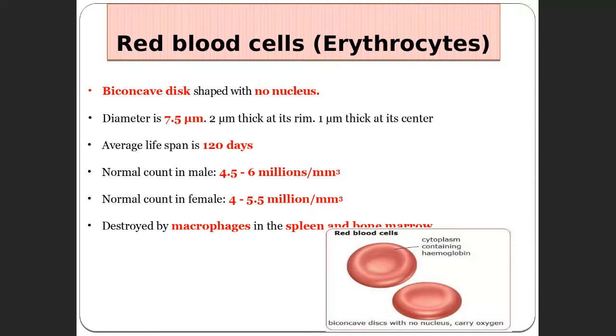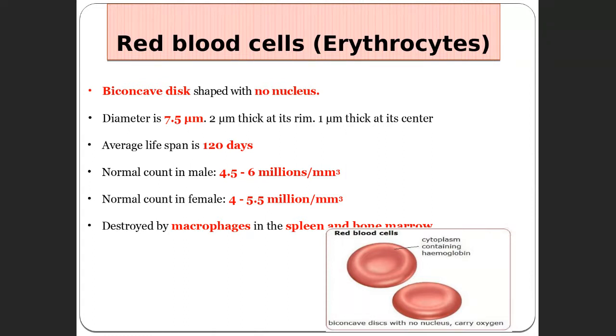The cytoplasm contains hemoglobin, and they have a bilipid layer like a normal cell membrane, usually containing cholesterol. This is the basic structure of red blood cells.